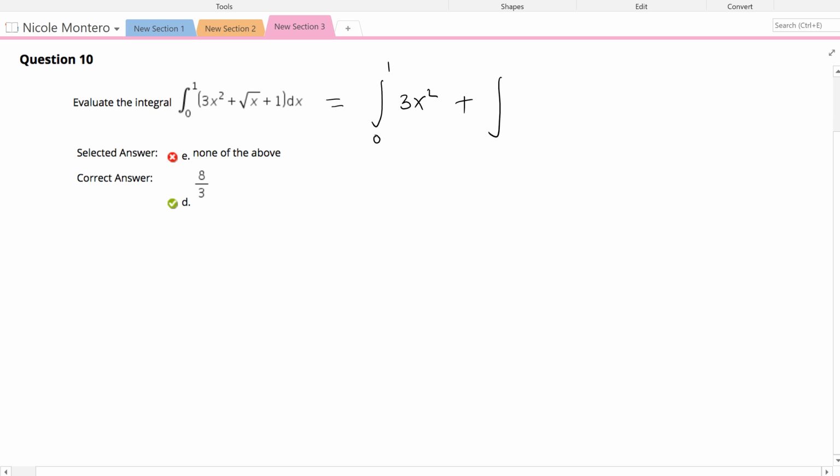So it's kind of the distributive property. You do the antiderivative of all those three terms separately, and you also have to write dx there, and then we have plus dx.